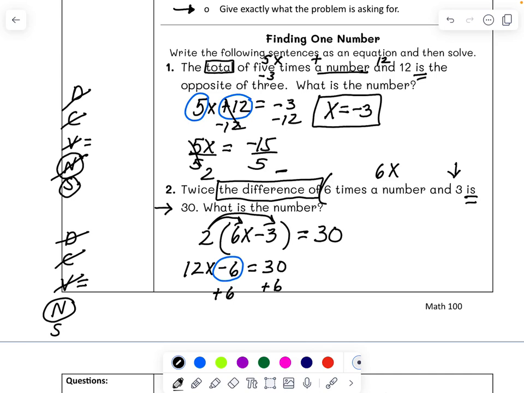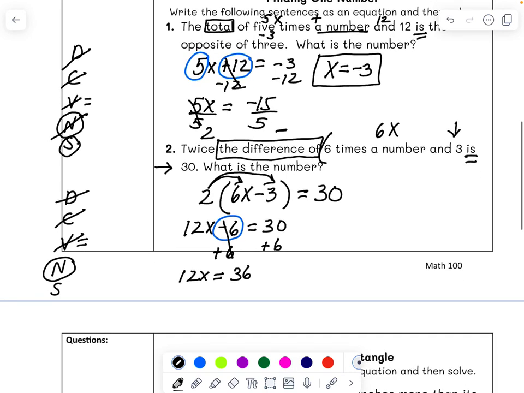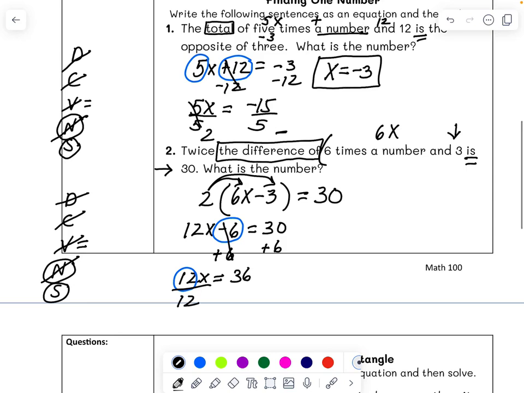We're going to keep our teeter-totter from being out of balance. What we do to the left, we got to do to the right. 12x equals 36. Now I'm going to solve, which is the way that I can get rid of this 12 here. I'm going to divide by 12, divide by 12, x equals 3. Just like that.